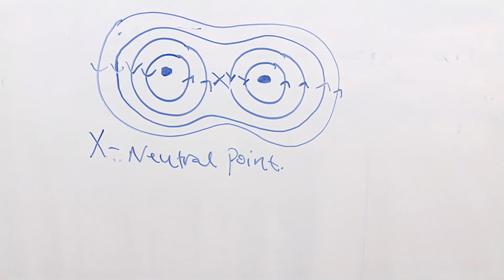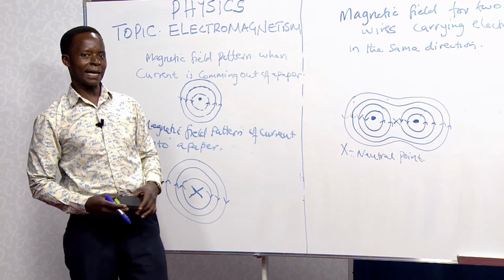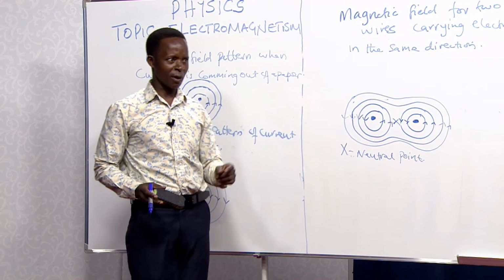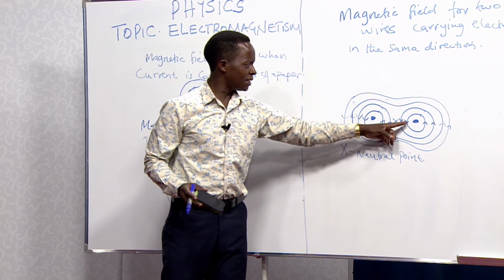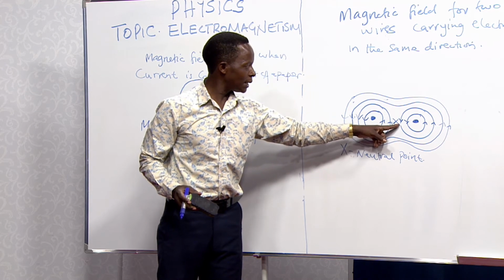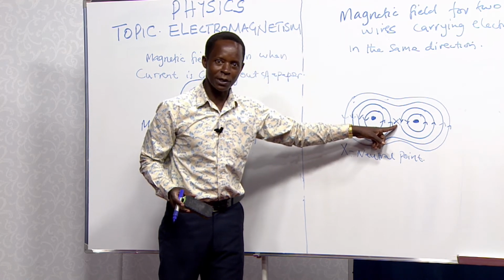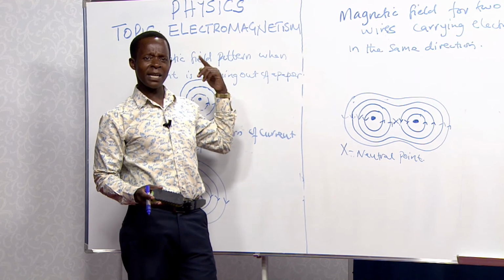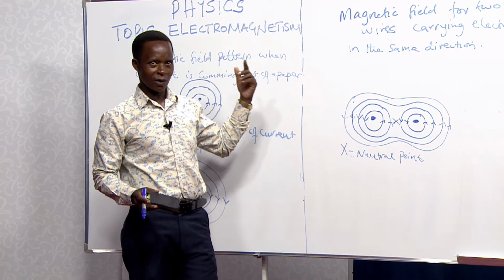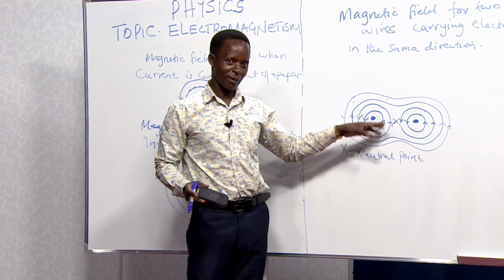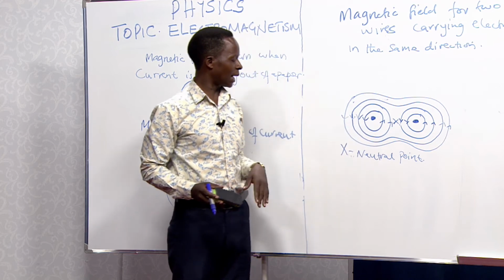X is the neutral point. Suppose I ask you to define a neutral point. Remember, we have said that here these fields repel. They oppose. So at this point, this X is called a neutral point. Like we saw when we were dealing with magnets, we saw a neutral point, and we are coming back to a neutral point, but the result of electric current.